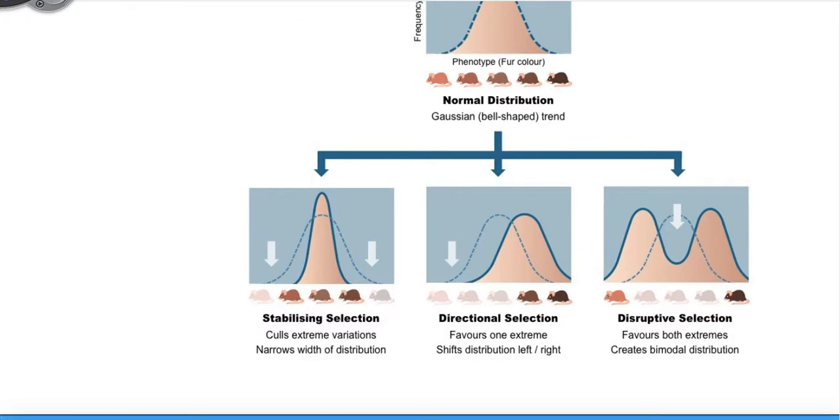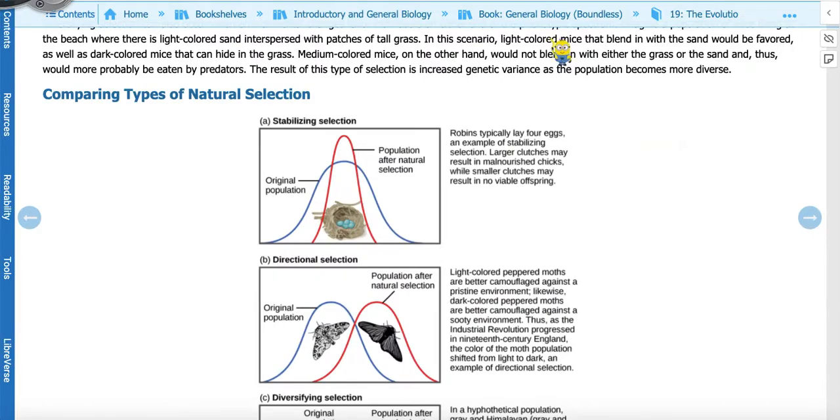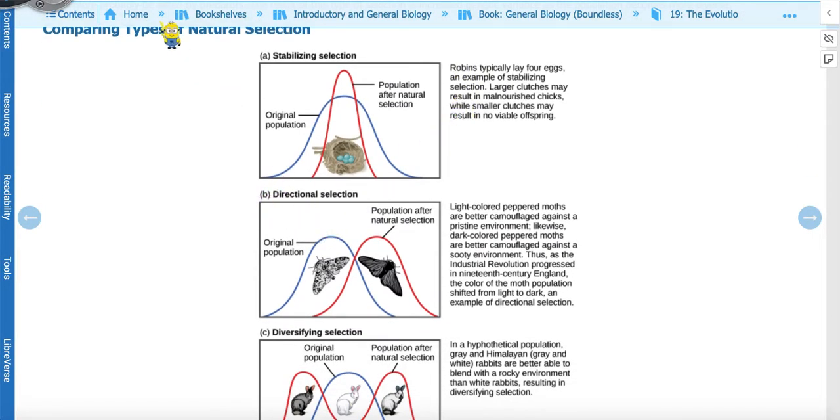In the example here, we see a directional selection of the moths, what happened after the Industrial Revolution. As you saw, a shift from the light color moths to the darker color moths in 19th century England as the environment became more sooty.